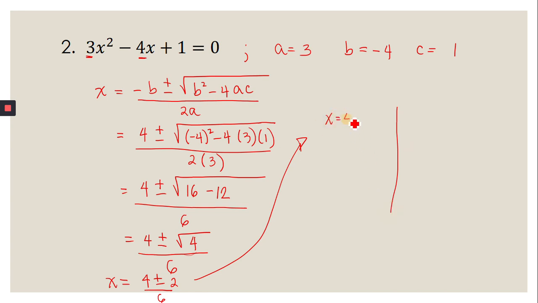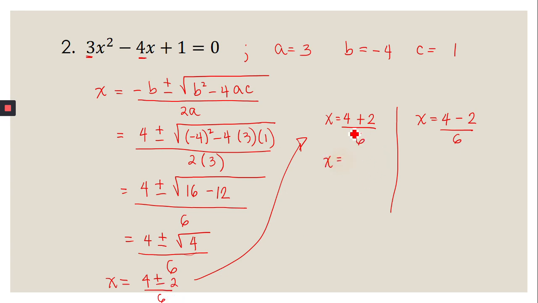X is equal to 4 plus 2 for positive 2 all over 6. And the other one is x is equal to 4 minus 2 all over 6. Okay, we're doing this because we are splitting the two values for 2, one positive and one negative.